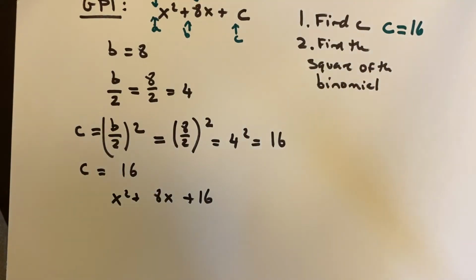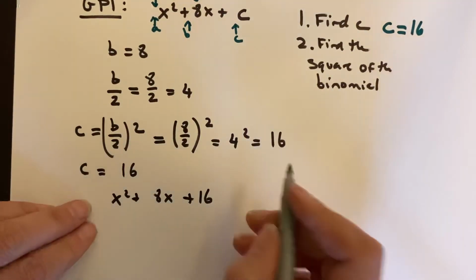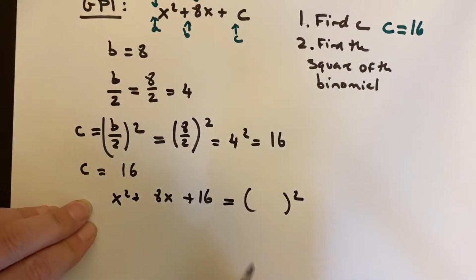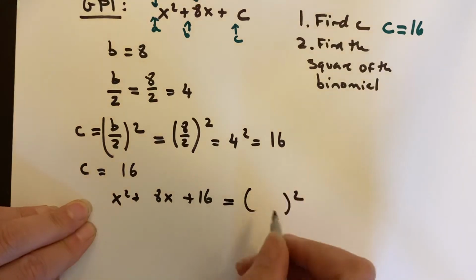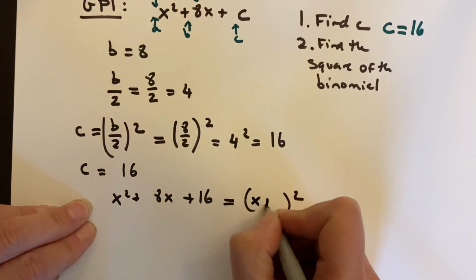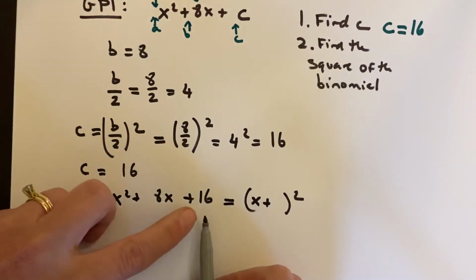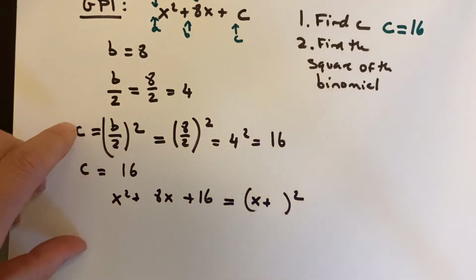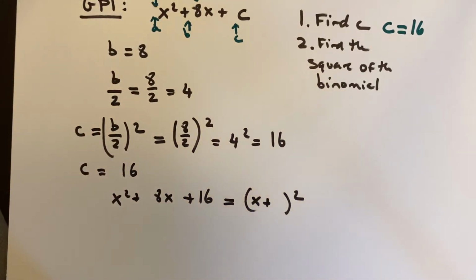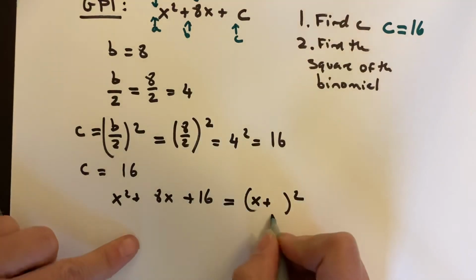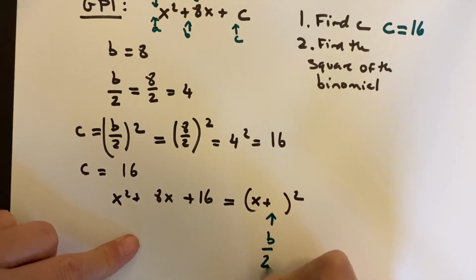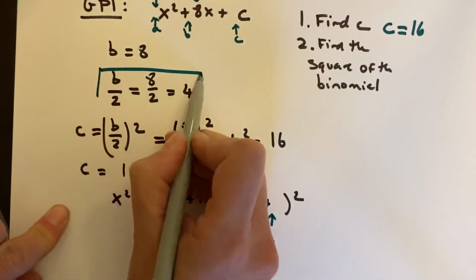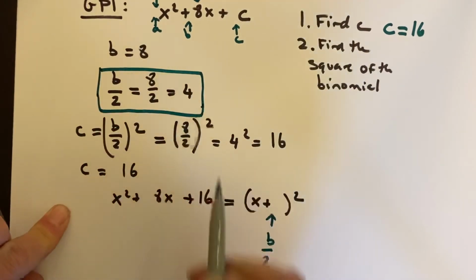My second part says the square of the binomial, which means what is this equal to squared? What goes in here? Well, x plus, now let's look at this. What goes in here is b over 2, right? We know from what we did in the last slide that b over 2 goes in there. Well, b over 2 is up there.